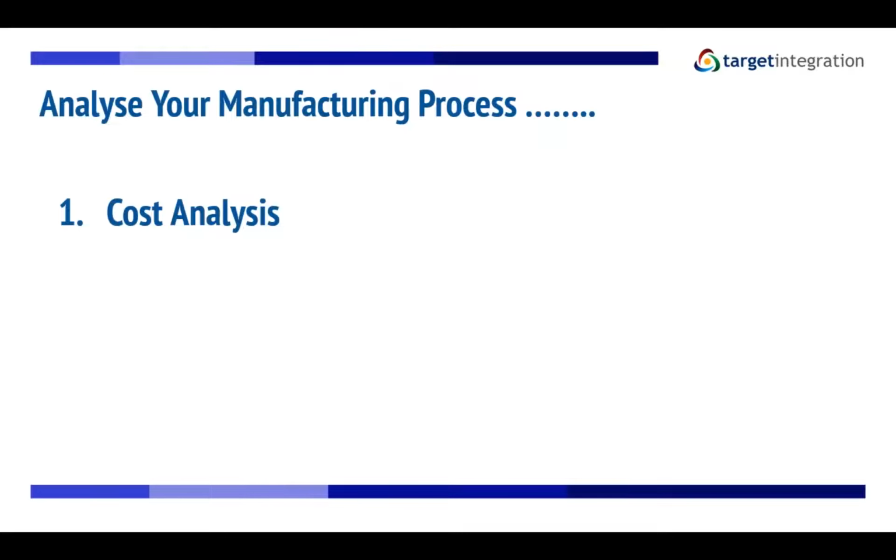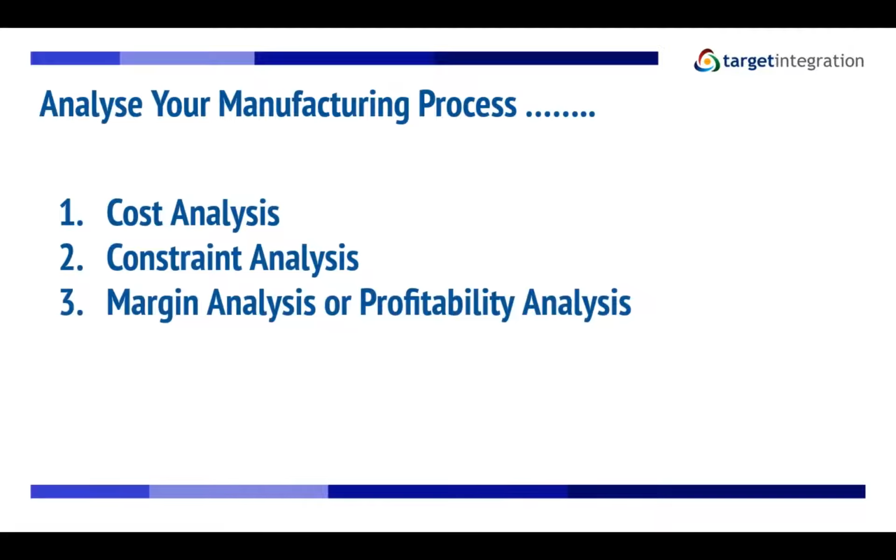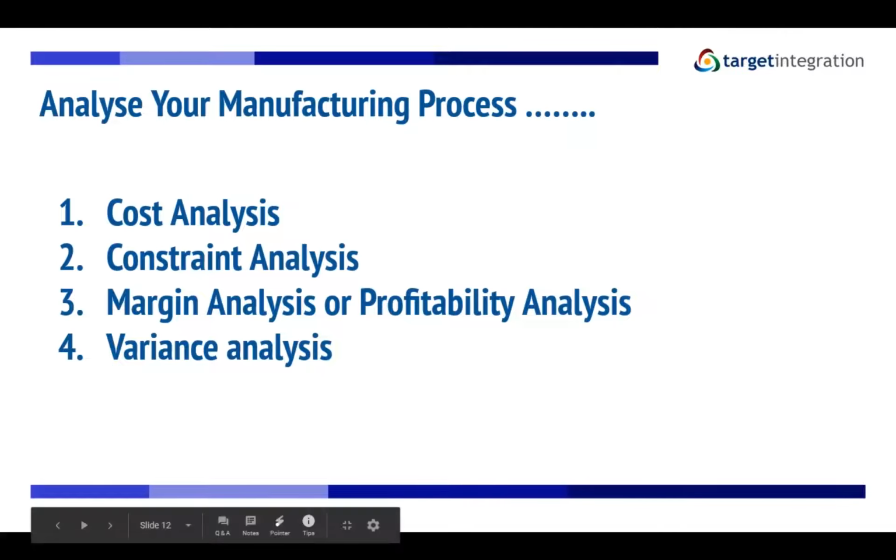With cost analysis, you can analyze your costs over whatever period you define, which is great when it comes to examining what you are spending on and how your input price changes affect your product cost and your profits. With constraint analysis, you can see where your business is being held back by identifying bottlenecks. Coming to margin analysis and profitability, you can analyze how much profit you are making on each product. And moving forward to variance analysis, you can determine how much you budgeted and how much you actually spent on a product.